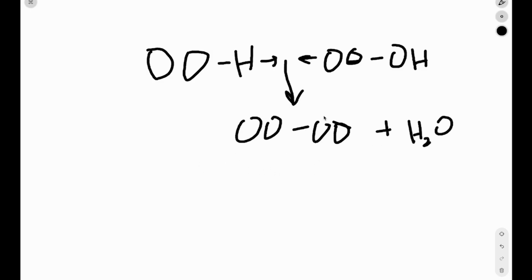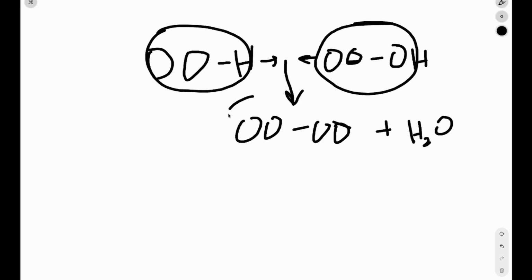Then you'd end up with the polymer and extra water. This is dehydration synthesis. It's synthesizing these two molecules into a big one through dehydration by removing water. You're essentially dehydrating these molecules in order to bring them together, in order to synthesize them.